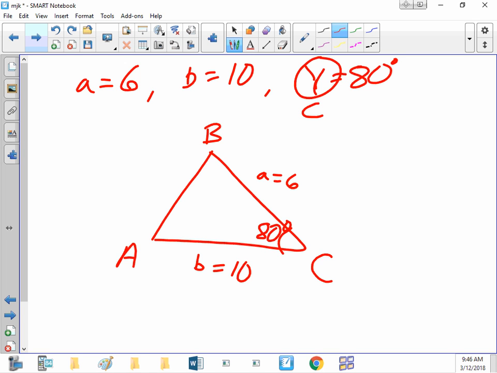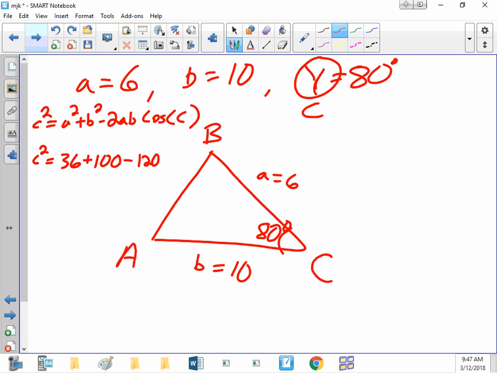So I'm going to write out the formula: c squared equals a squared plus b squared minus 2ab times the cosine of angle C. So c squared is equal to 36 plus 100 minus 2 times 6 would be 12 times 10 is 120 times the cosine of 80.